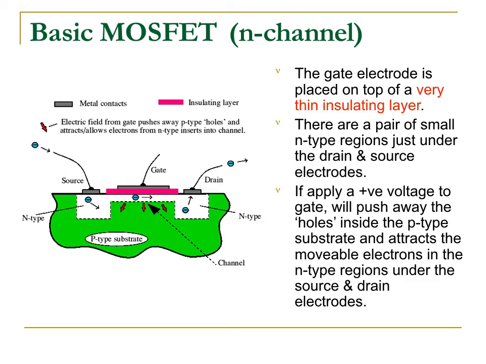All this will be N-type material, and that is what makes it an N-channel MOSFET. If you want to make a P-channel MOSFET, instead of an N-type channel base, we'll have a P-type channel base. That is the difference. Below it there will be another N-type or P-type material, depending upon the channel base.